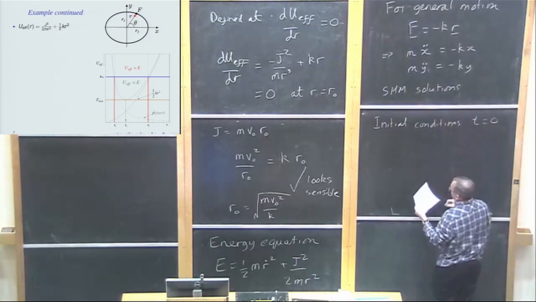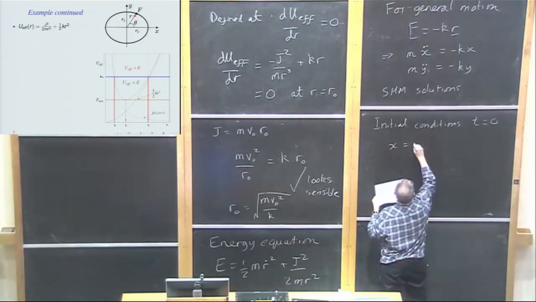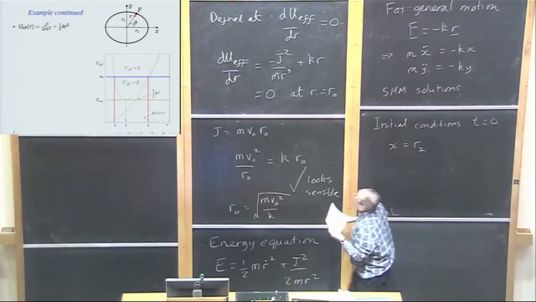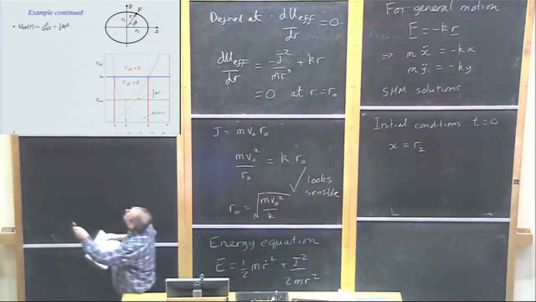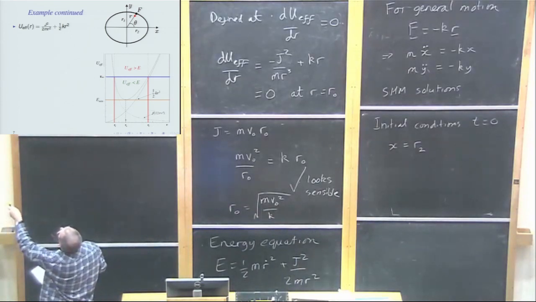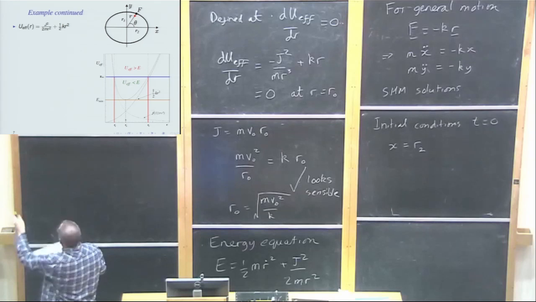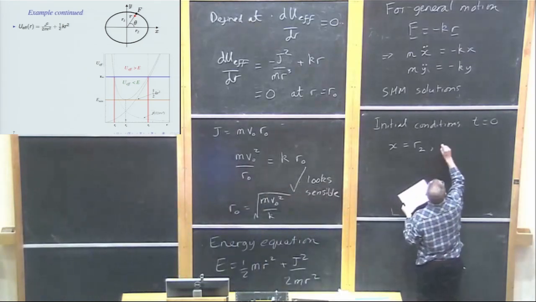Well, what shall we say? Let us say that x is equal to R2. Is it R2? Yes. So R2 is this length here. So let's say we start it there with y equals 0.